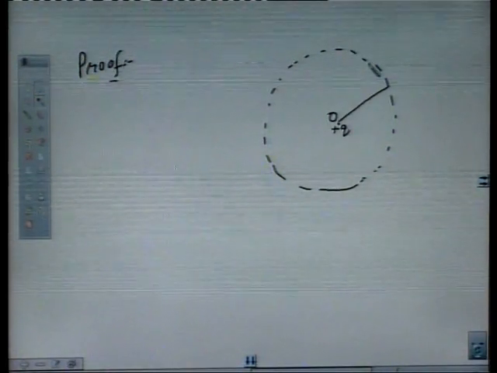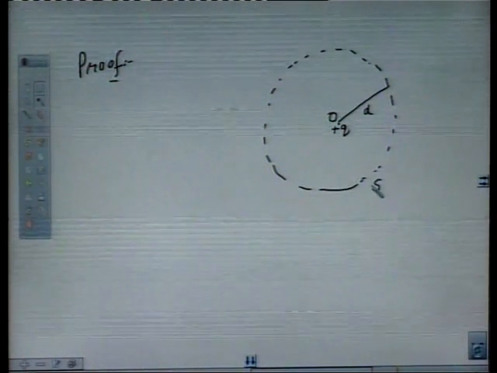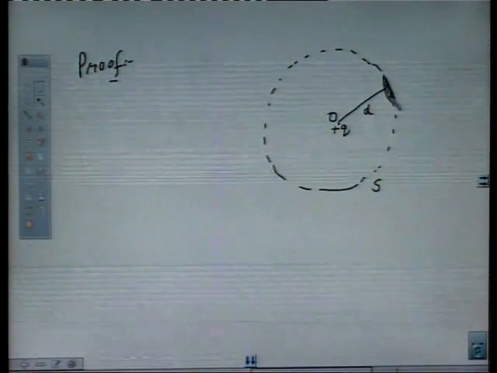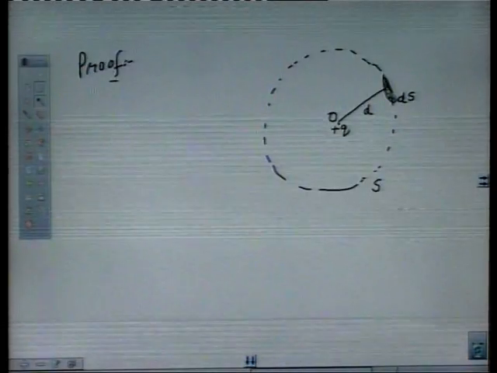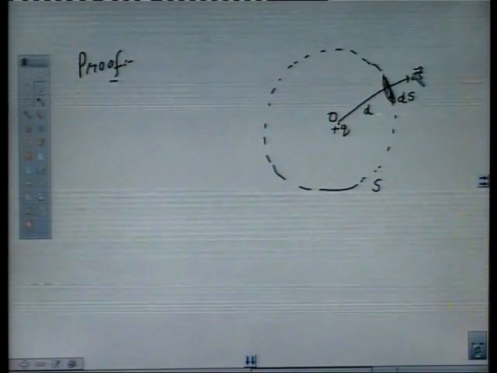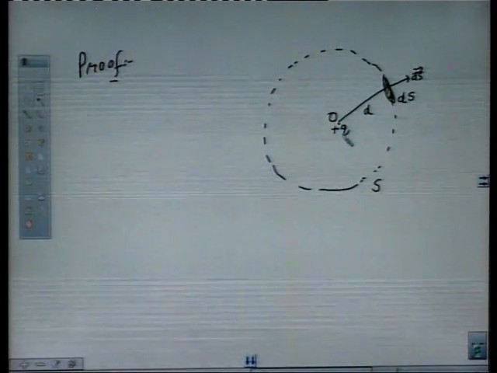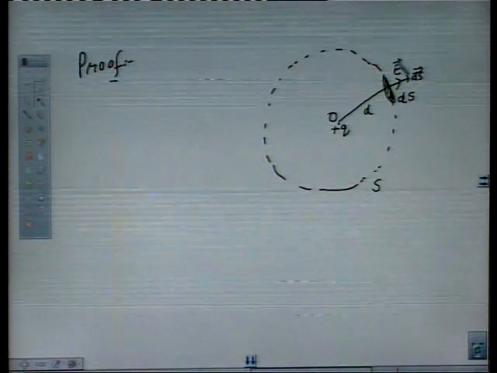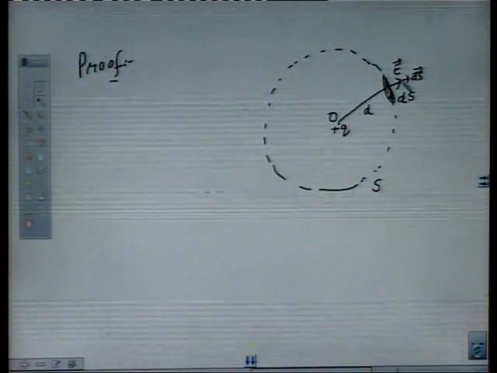The radius of this sphere is d and its surface area is S. Now, let us take a very small surface area ds, and its vector ds is perpendicular to this surface. The electrical field originating from this point charge q will be along this same direction, given by E vector. So, E and ds vector are along the same direction.